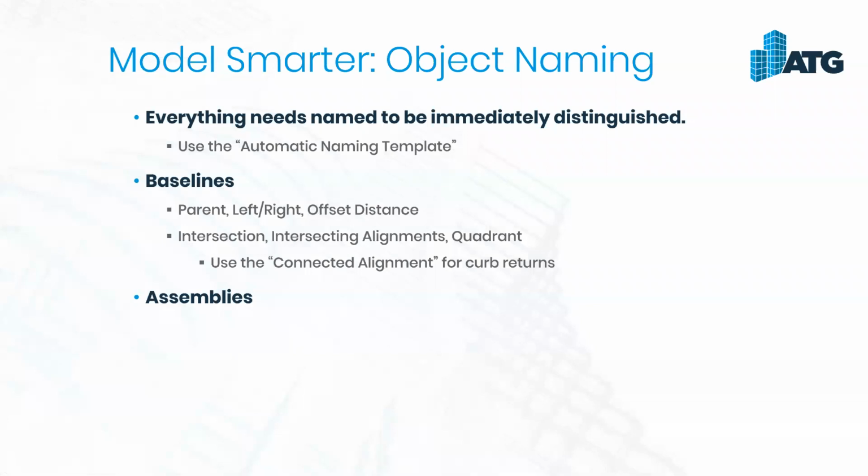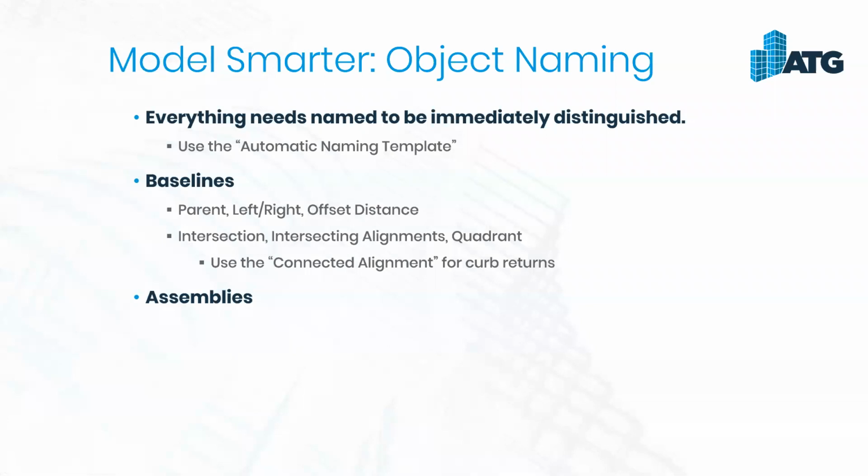So how are we going to put our model together so that we can model smarter and save ourselves some time and some headaches during the course of this process? Well, first thing we're going to do is take advantage of our object naming. Everything that we use inside this corridor, whether it's a target object or whether it's a baseline, needs to have a name that can be immediately distinguished.